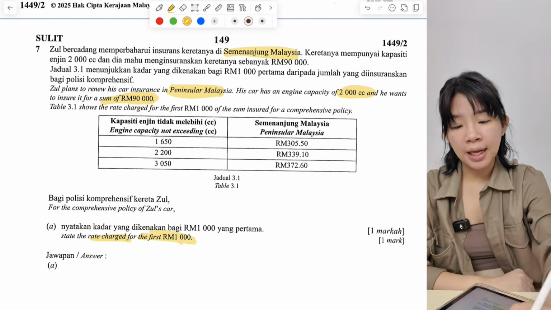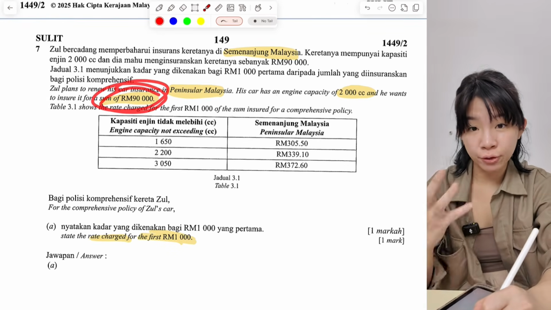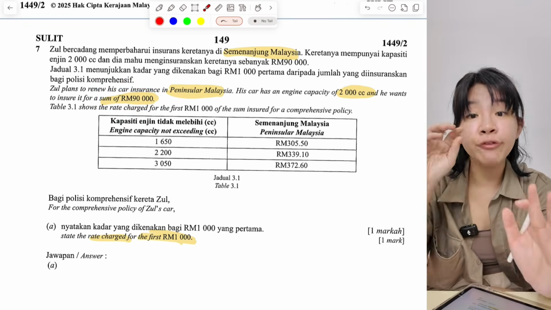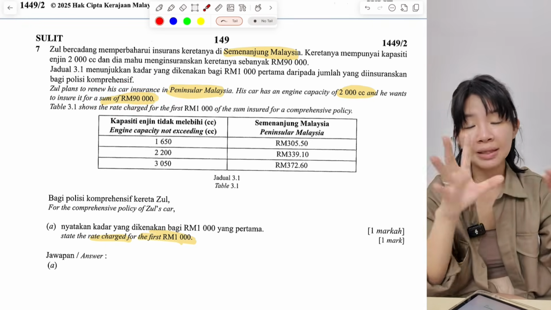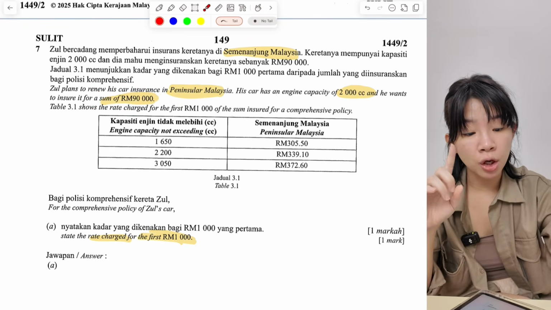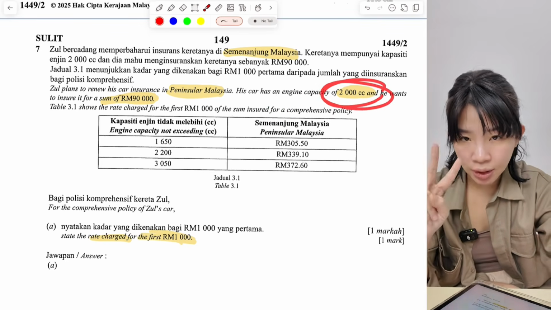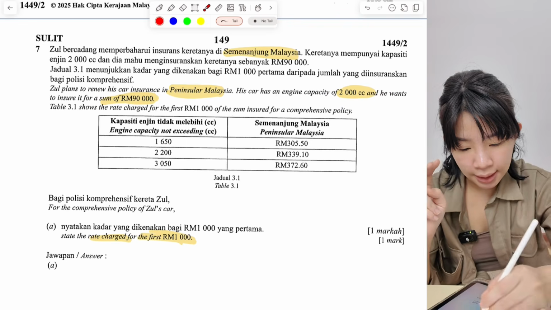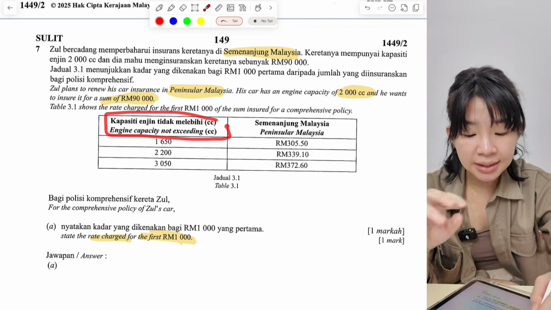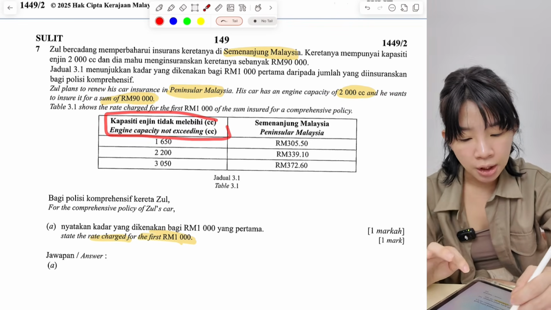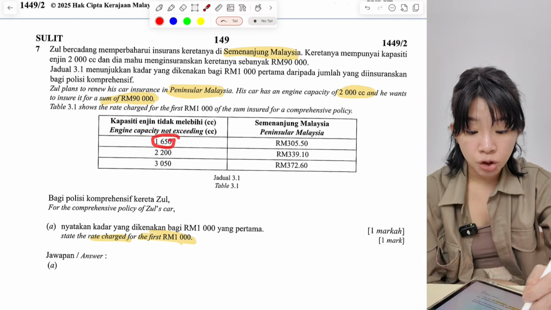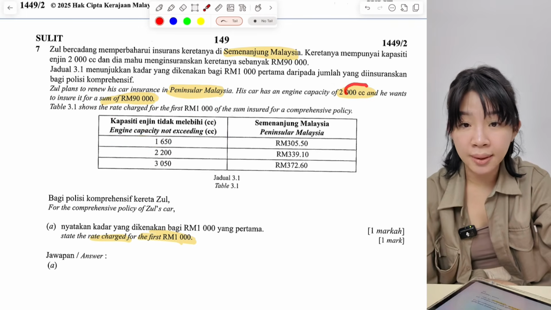So first 1,000, like in this 90,000, how much I have to pay? So we separate into first 1,000 and the remaining thousands. First 1,000 is based on engine capacity and we have to read table. If the engine capacity is 2,000 cc, which one? So the title here says, in engine capacity not exceeding, tidak melebihi. So 1,650.